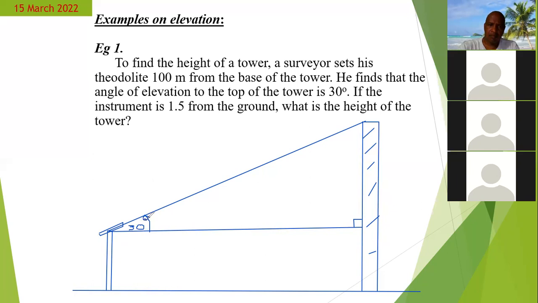All right, what else? Sir, the baseline, you can put 100 meters. No, sir, not that line, this line. Yes, sir. Sir, and you can put 1.5 meters at the vertical line, the height of the theodolite.